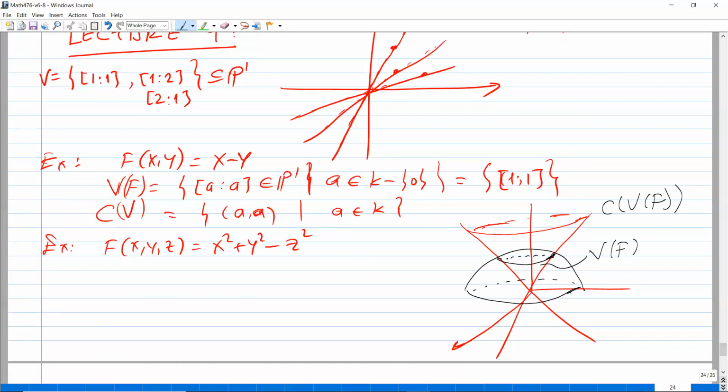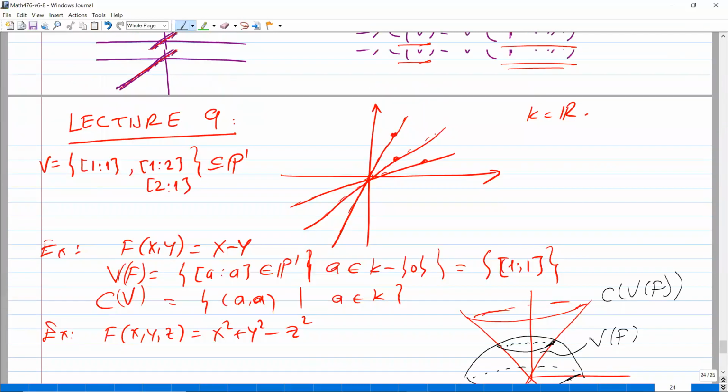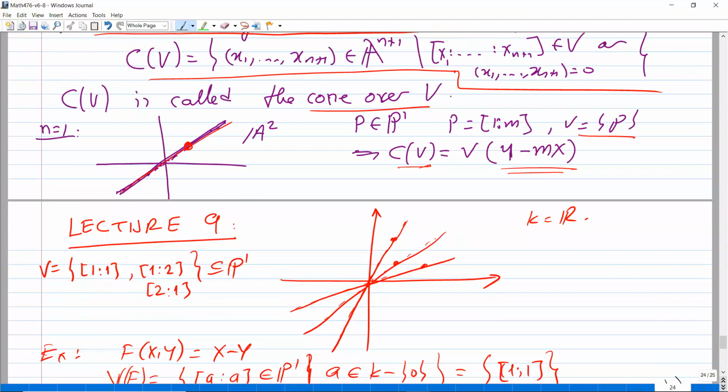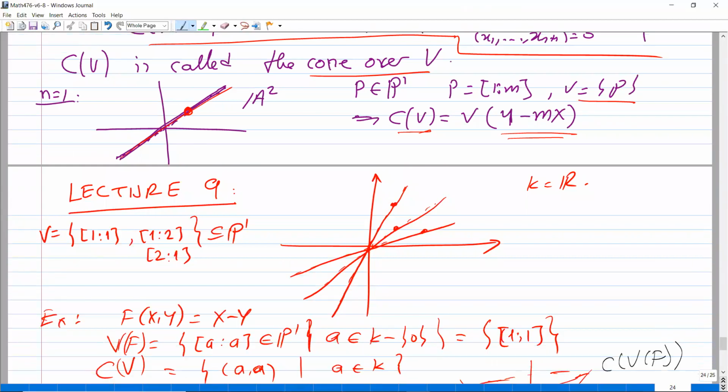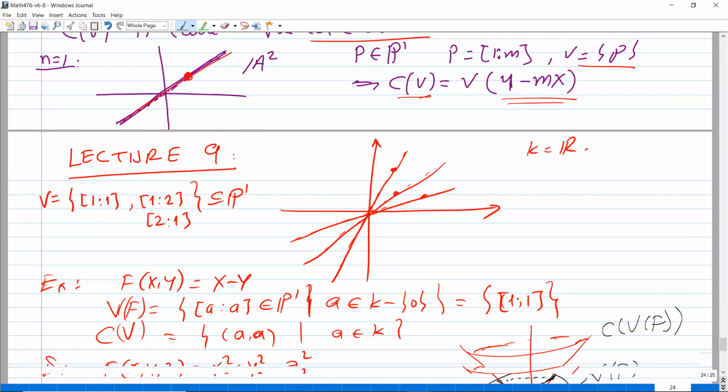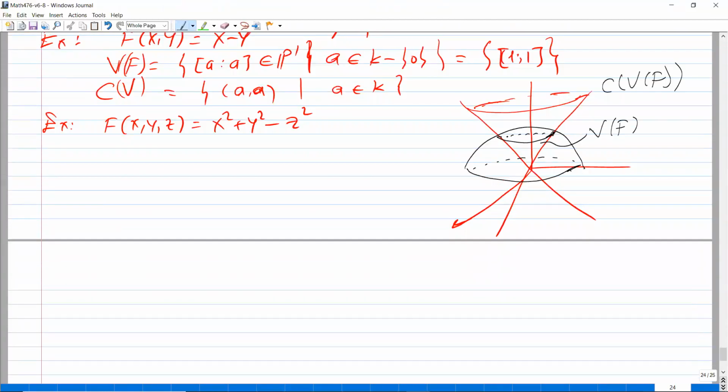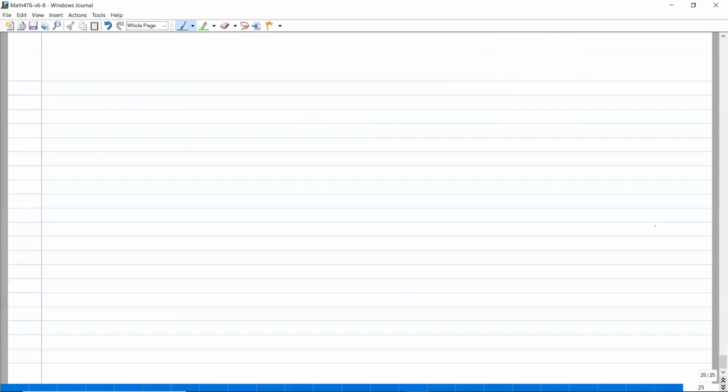So cone over V(f), and so with what did we have above? Cone over V(f). Next, oops, let me change colors.